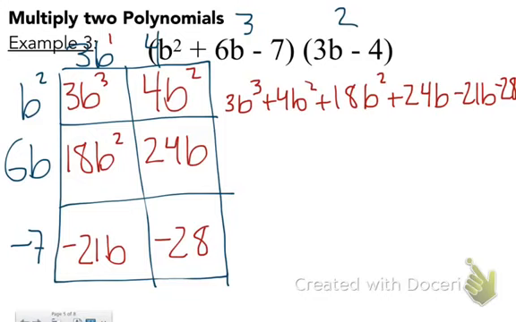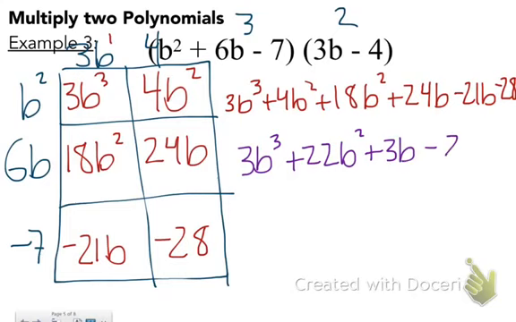And now we just have to combine like terms. So 3b cubed will stay. 4b squared and 18b squared will give us 22b squared. 24b minus 21b is positive 3b, and then minus 28. And that would be our final answer.